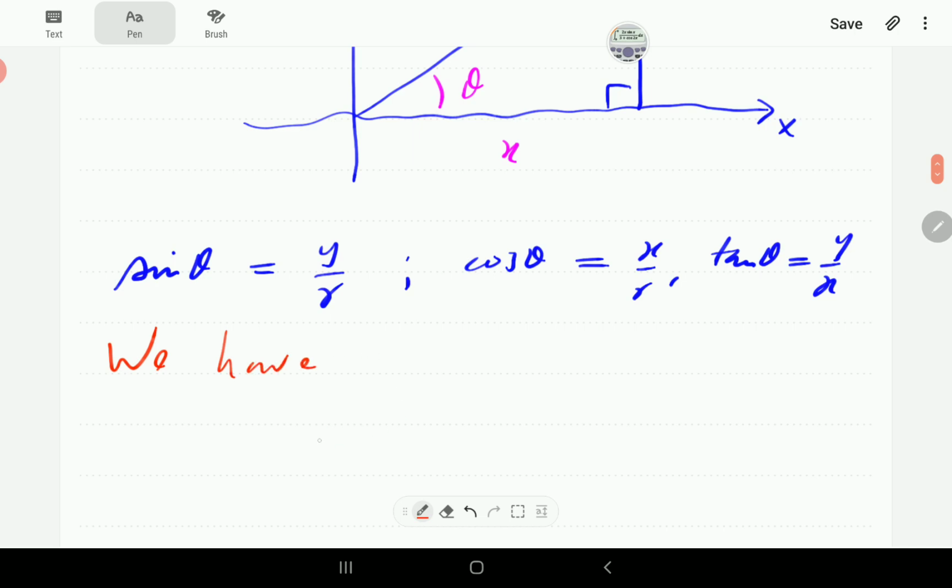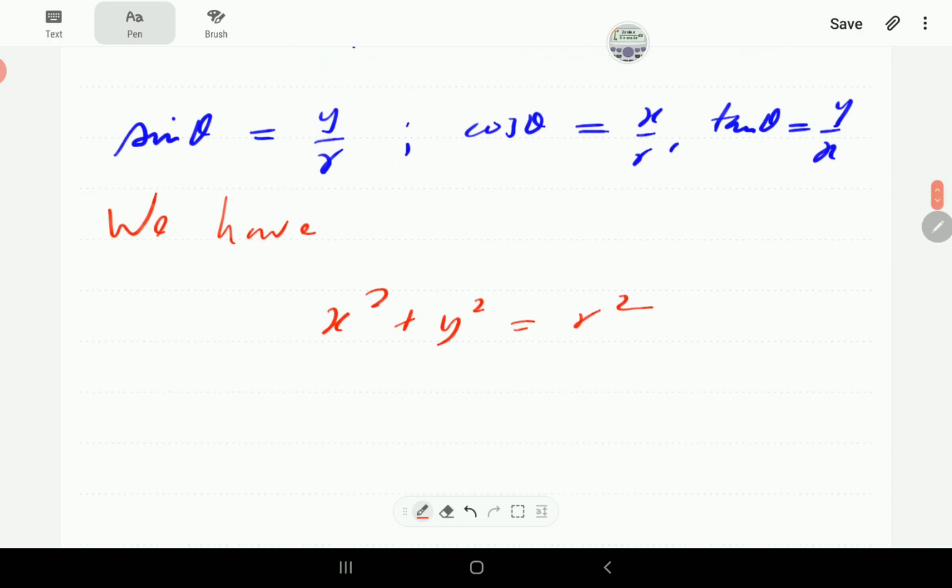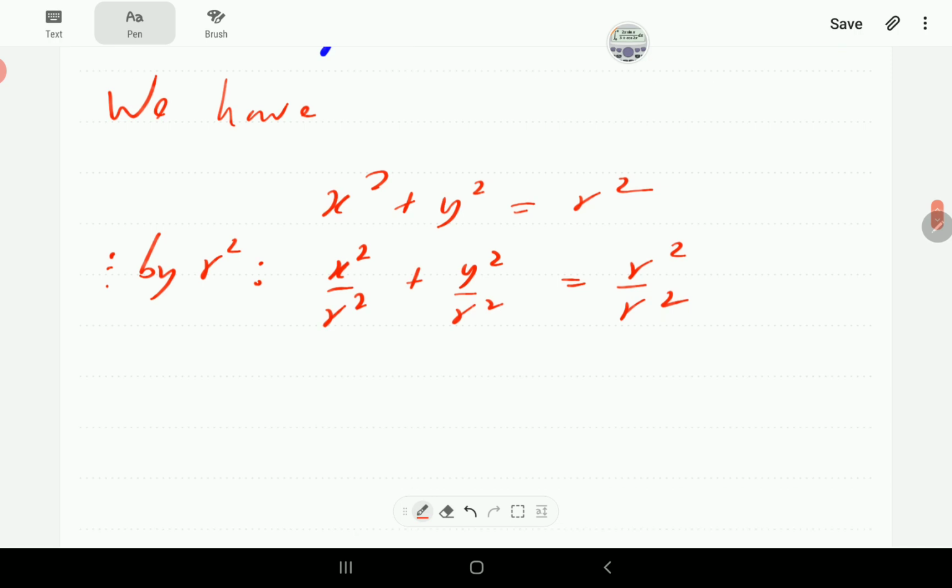So by Pythagoras, we have x squared plus y squared is equal to r squared. If we divide by r squared, then this is going to be x squared over r squared plus y squared over r squared equals r squared over r squared.